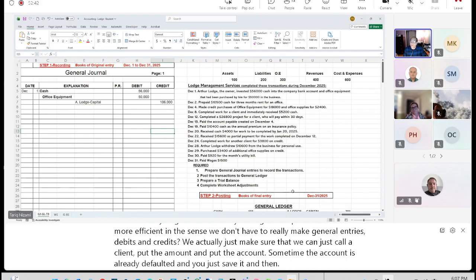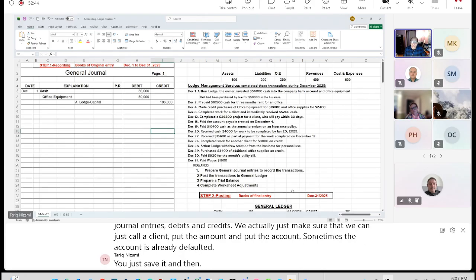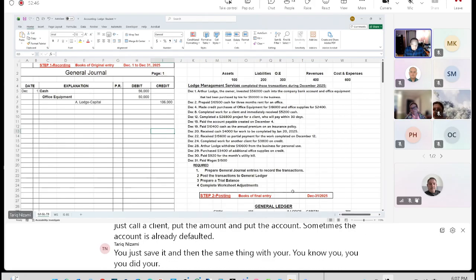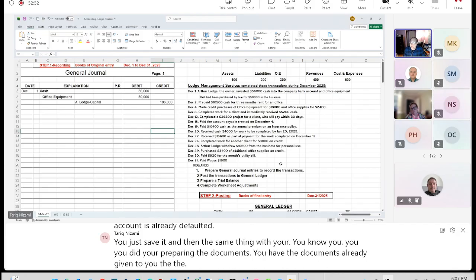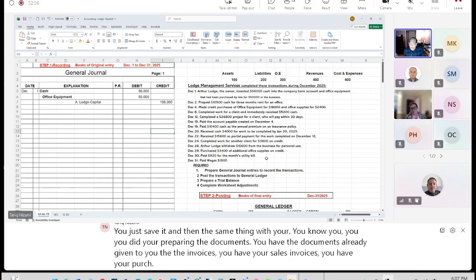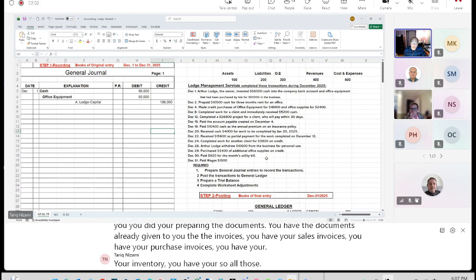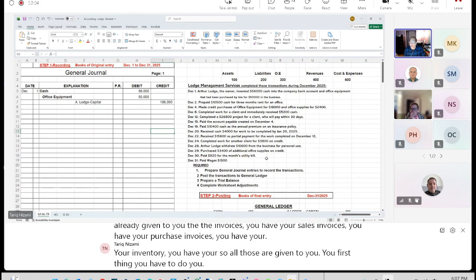The same thing with preparing the documents. You have the documents already given to you: the sales invoices, the purchase invoices, the inventory. All those are given to you. The first thing you have to do is set it up.